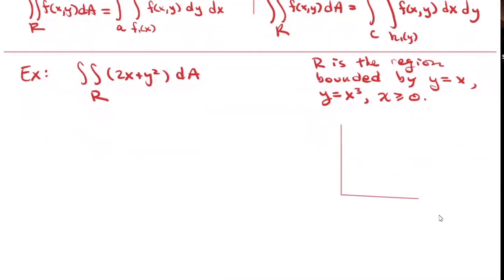And I only have to do positive x here, because x is greater than or equal to 0. And then here's y equals x to the third. Okay. And up above is y equals x.